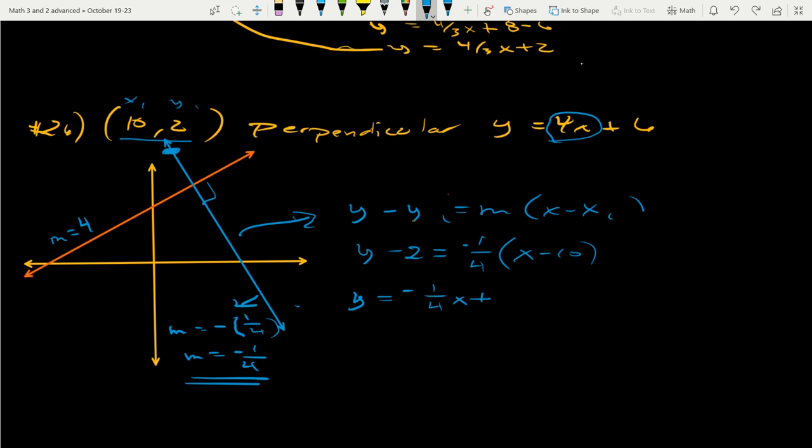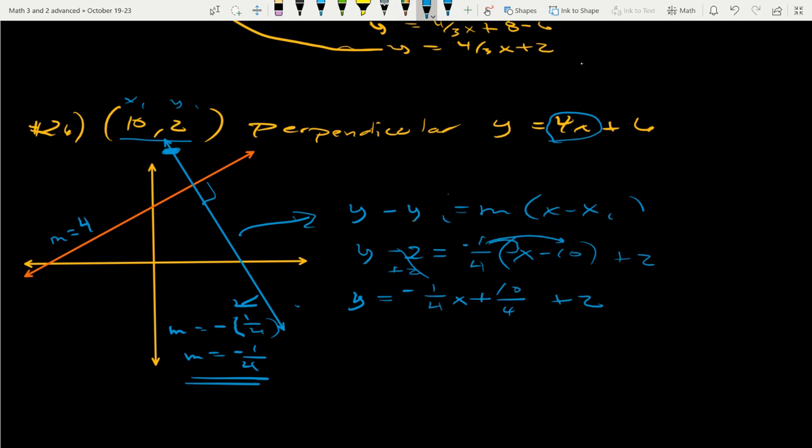Negative 1/4 x plus 10 over 4. That's what I get by multiplying 1/4 times 10. And that's plus because it's negative times a negative. And then I'm going to add the 2 to this side. And so I get my extra 2 down here. And don't forget, this came from distributing into there.